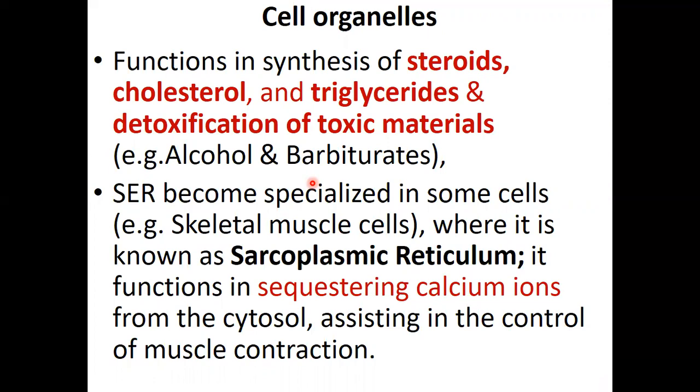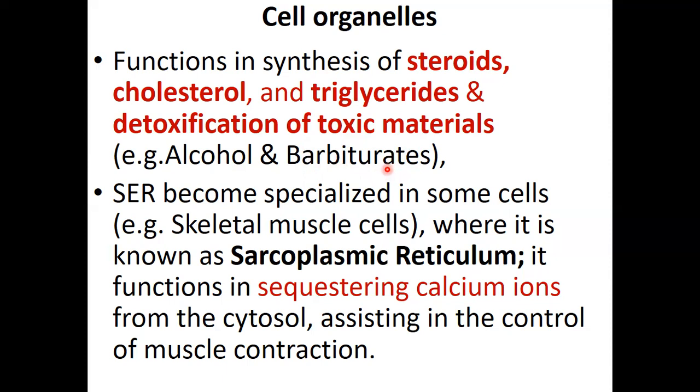For example, alcohol. Alcohol has no nutritional value to the body. Even though we consume it, it contributes nothing to the survival of cells. If anything, it causes harm. Barbiturates, these are drugs. They also cause serious harm.